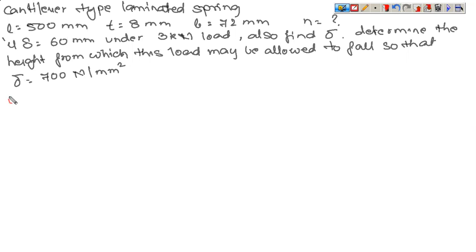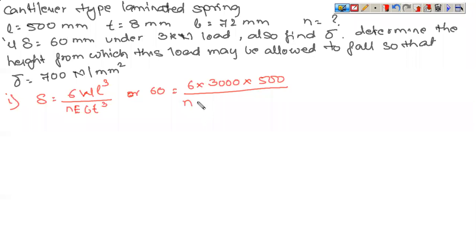So if you look at the first part, it is very simple. Delta is equal to 6WL cube divided by NEBT cube. So delta is equal to 60 mm. So 60 is equal to 6 into W is 3000, length is 500 mm cubed, divided by N, which you need to find out.